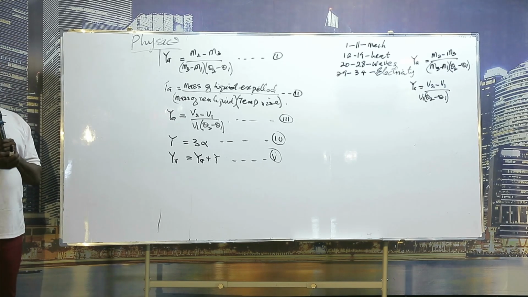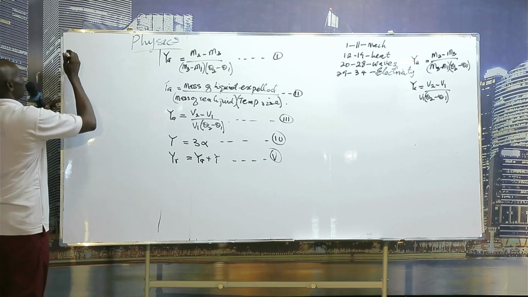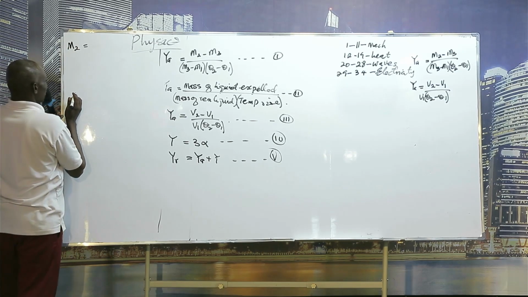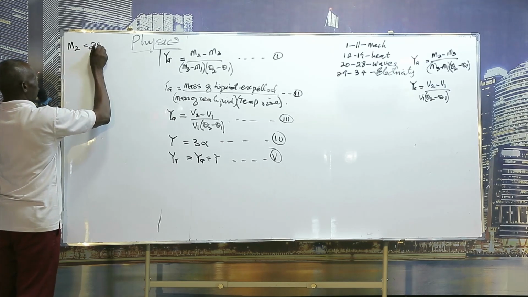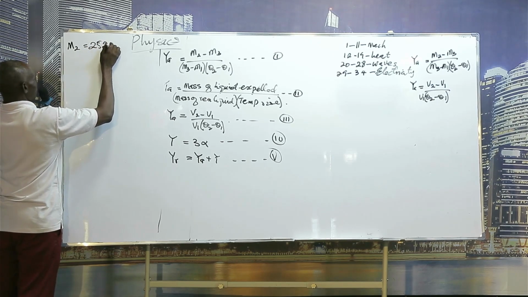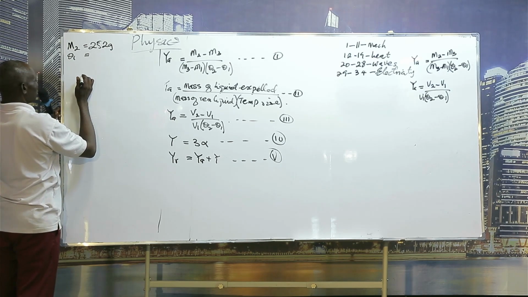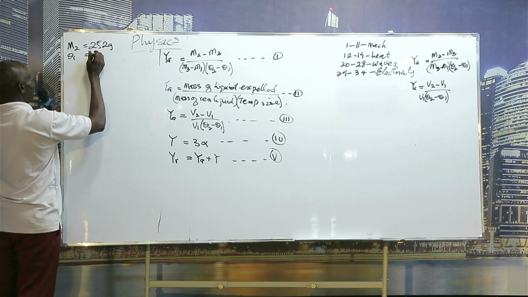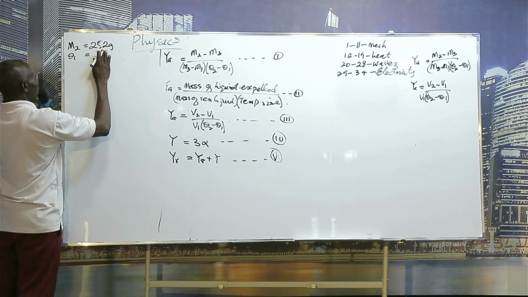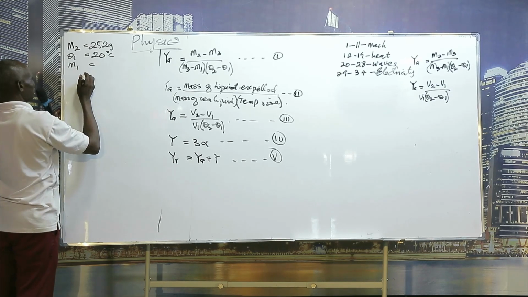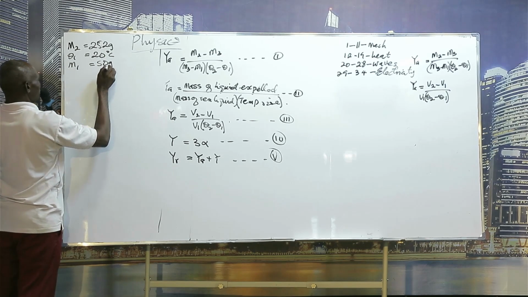So let me have your attention. From that question now, let's assess the question. What is our M2? 252 grams. What is our theta 1? 20 degrees C. What is our M1? 50 grams.